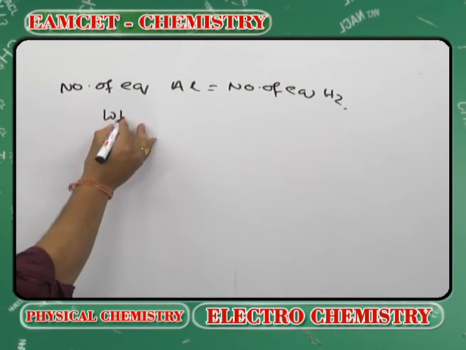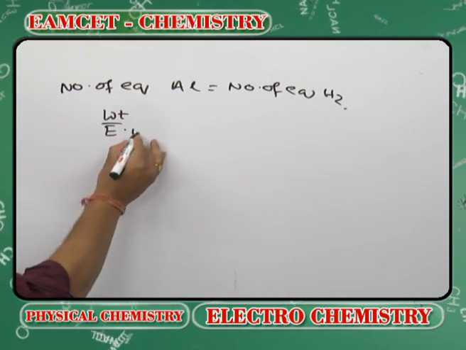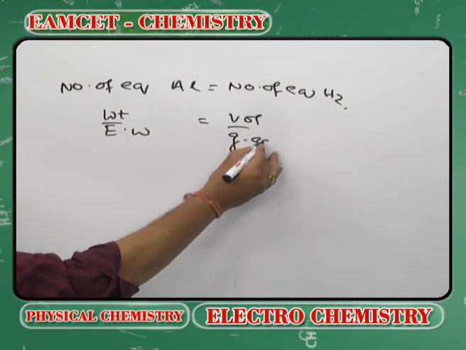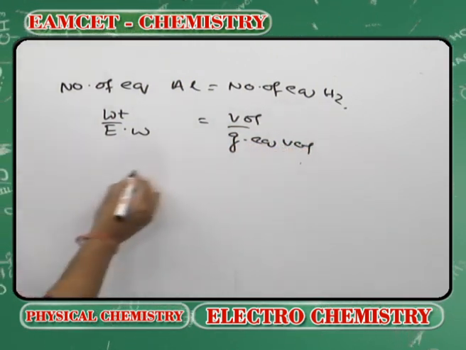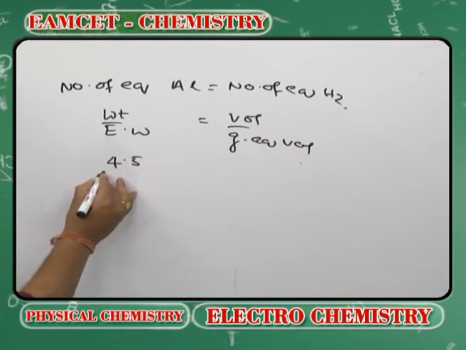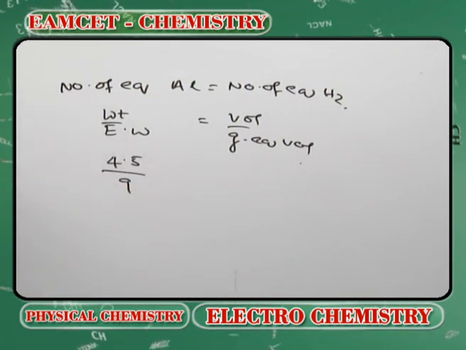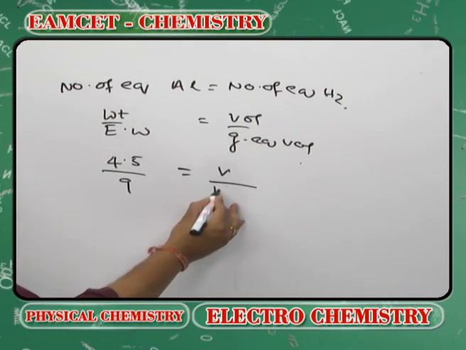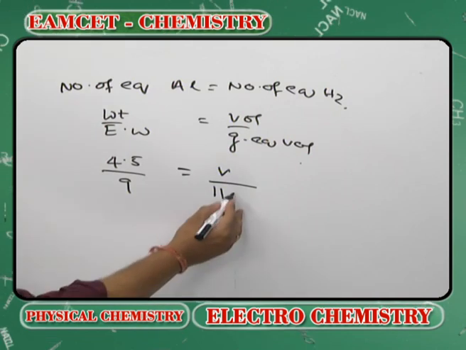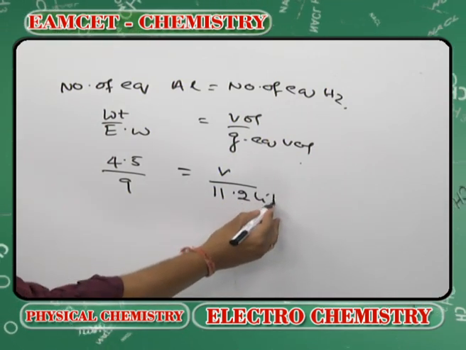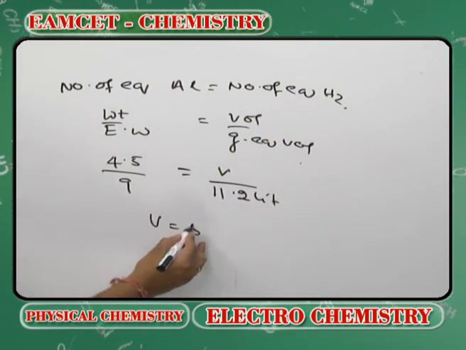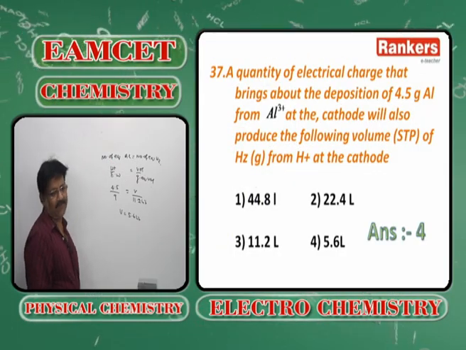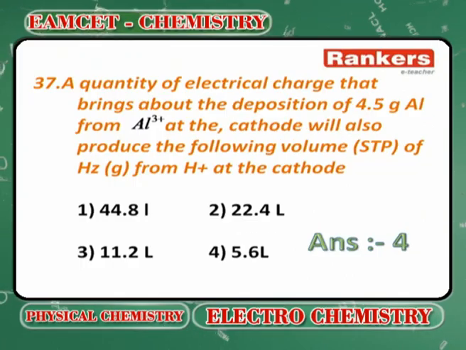For this, weight by equivalent weight; for this, volume by gram equivalent volume. What is the weight? 4.5. What is the equivalent weight of aluminum? 9. We are supposed to calculate the volume. What is the gram equivalent volume of hydrogen? 11.2 liters. So the volume will be 5.6 liters. Option 4 is the answer.